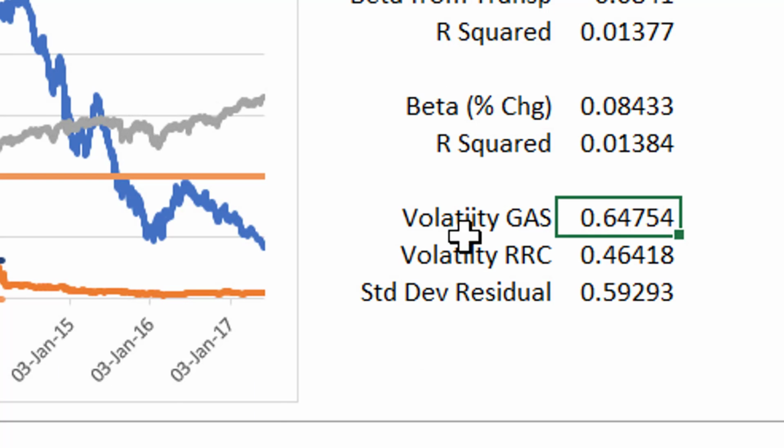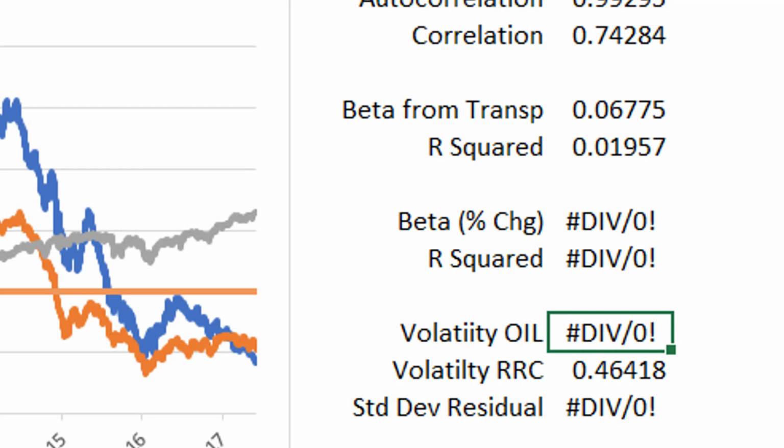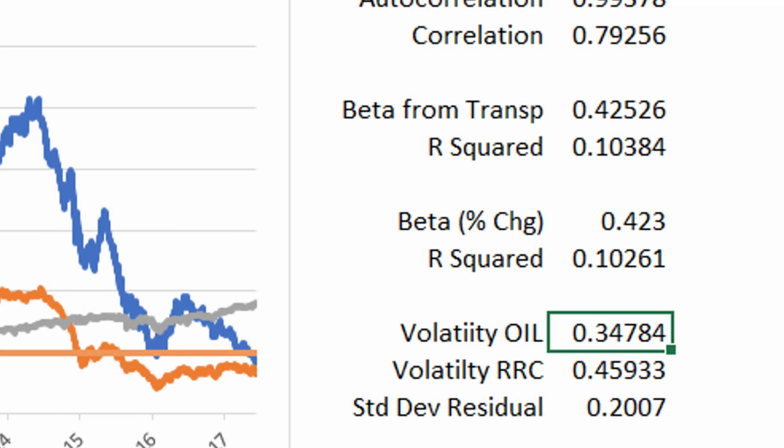Look at this. The beta of gas is not very good compared to the beta of the oil. All right. Oh, no. This is just a little thing that there's a missing value in the price of oil. I said that quickly, okay?